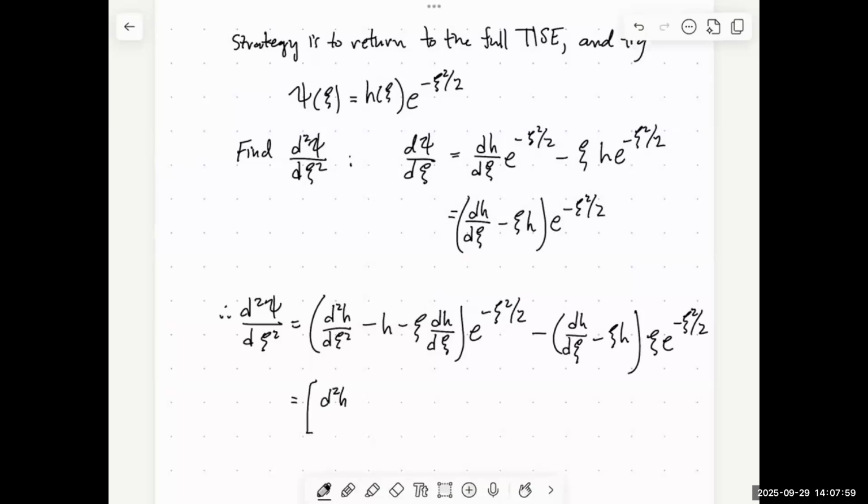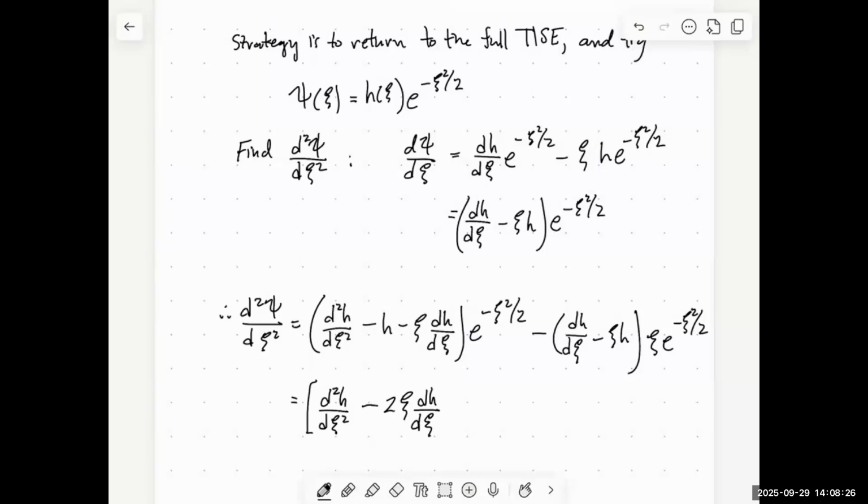So two derivatives of h. And then let's see, is there anything that we can collect? We get z times dh dz, and we have z times dh dz. They both have minus signs in front of them, so we should get a minus 2z dh dz. And then what else do we have?